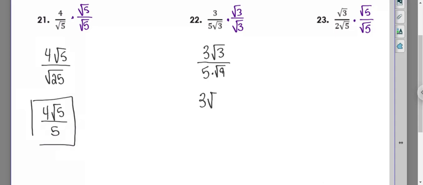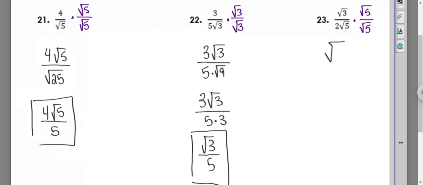So 3 root 3 over 5 times 3. So we've got 3 over 15. So then we're left with the square root of 3 over 5.